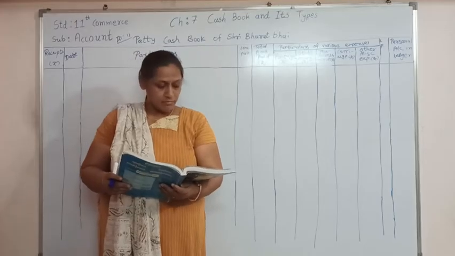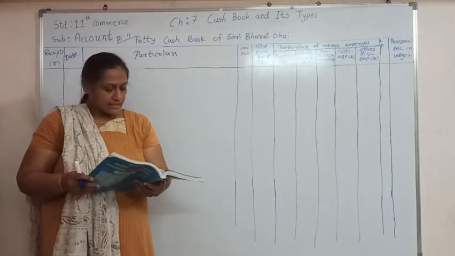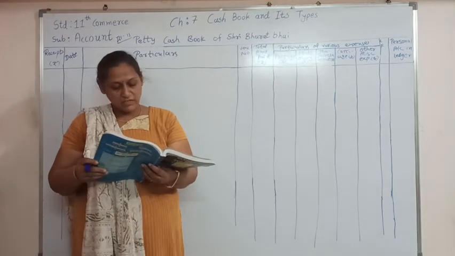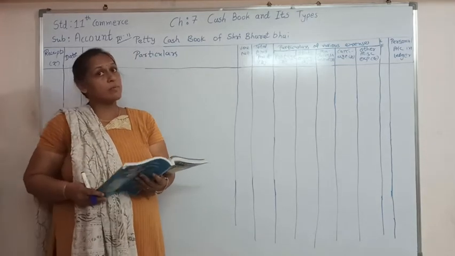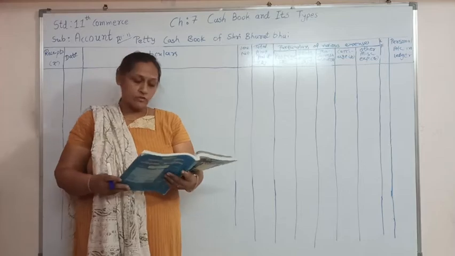Let's see sum number 11. From the following transactions, prepare the petty cash book of Shri Darshan Bhai on the Imprest system.